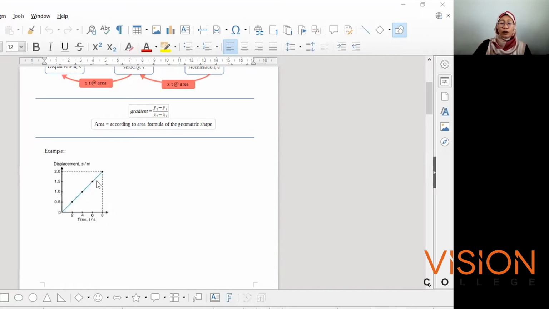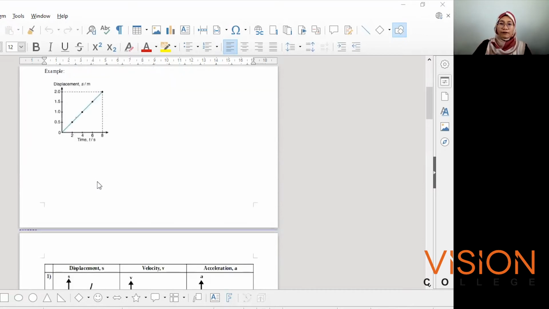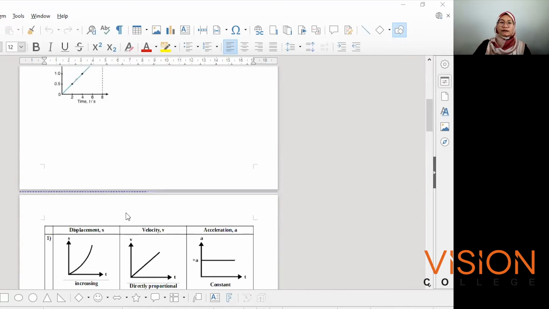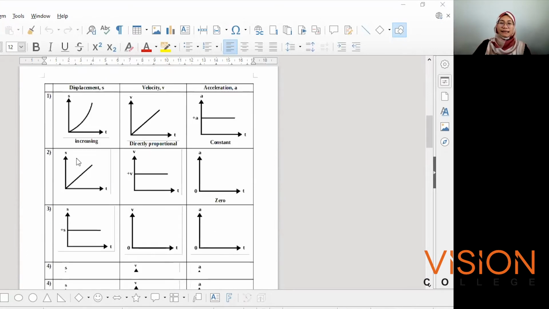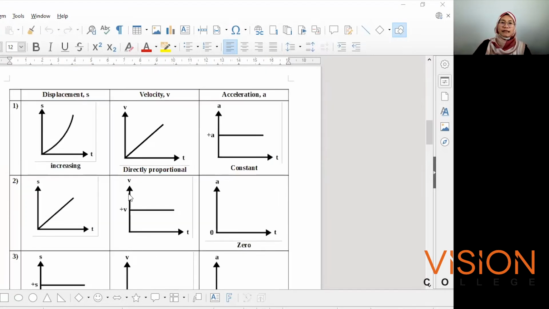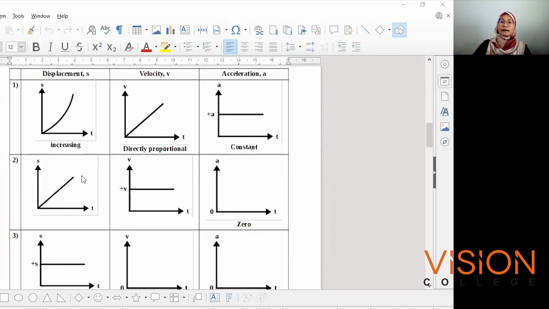So how do I know? By looking at the graphs here below. Okay, so just now from the example, our displacement against time is directly proportional. So our velocity, we know it will be constant. Constant.